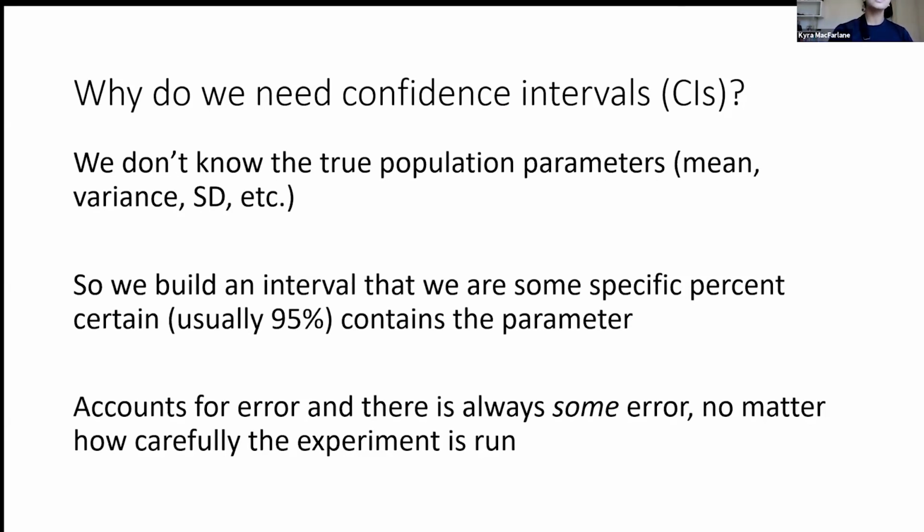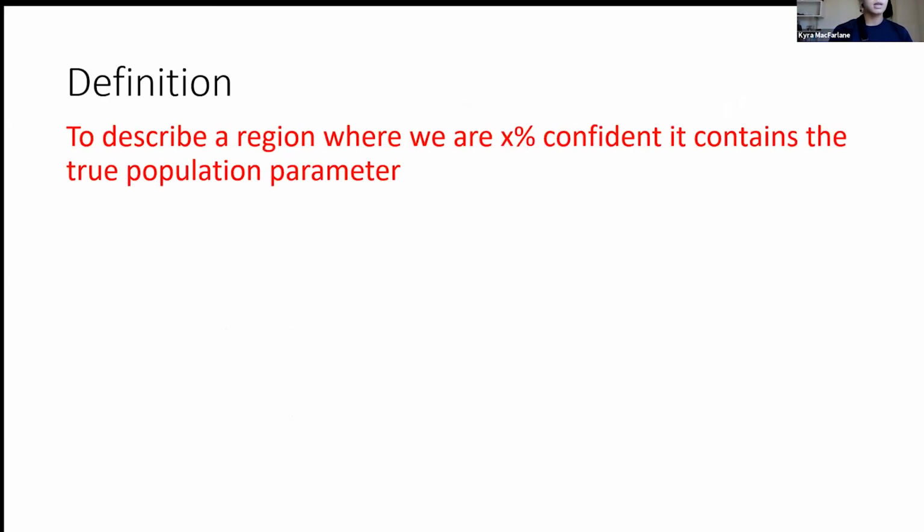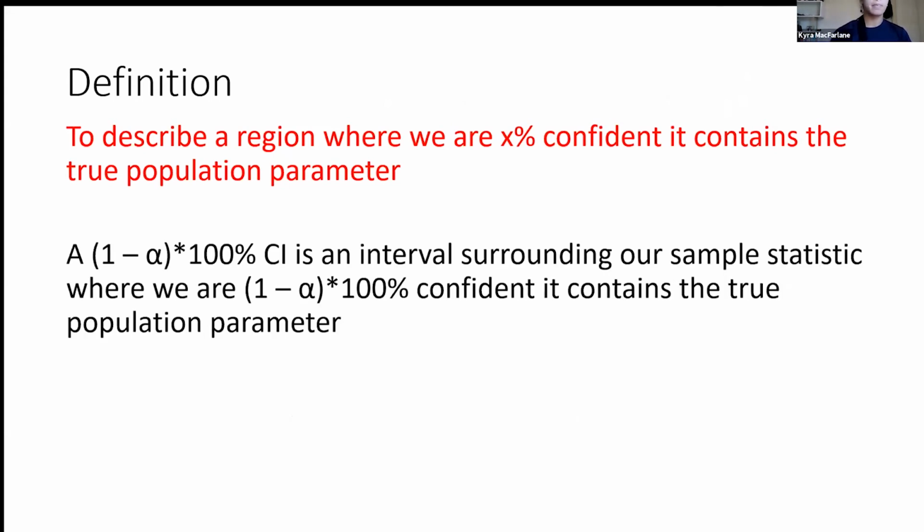So these are done for samples of populations. It describes a region where we are X% confident, again, usually 95% confident, that it contains the true population parameter. And this is technically what that formula looks like, 1 minus alpha times 100%.